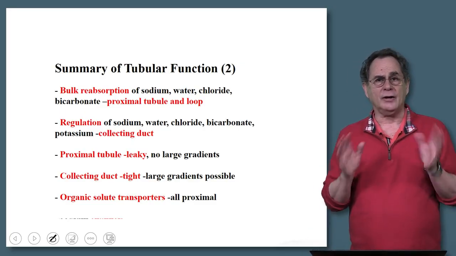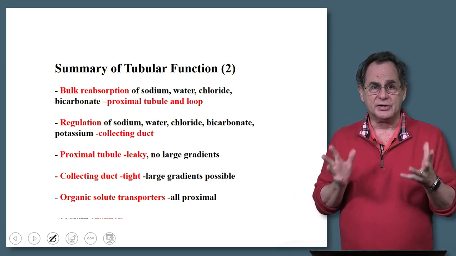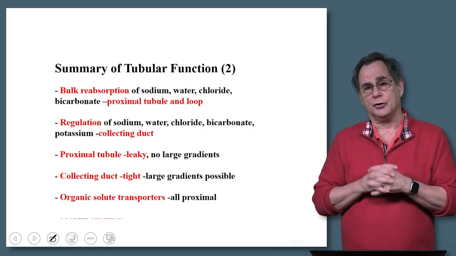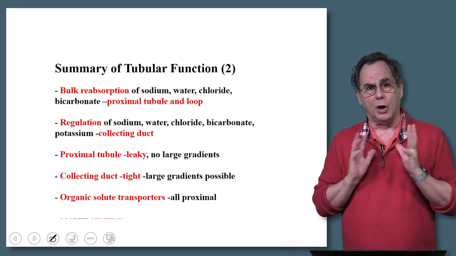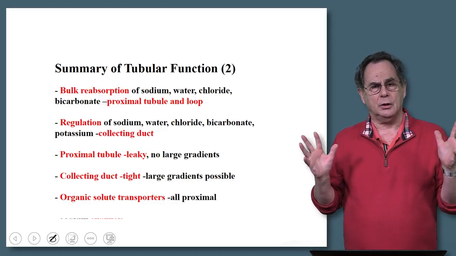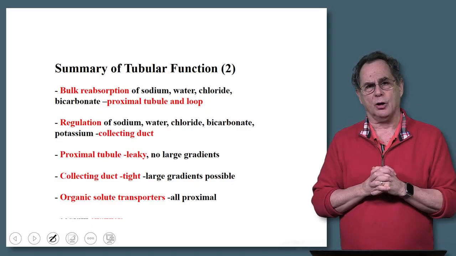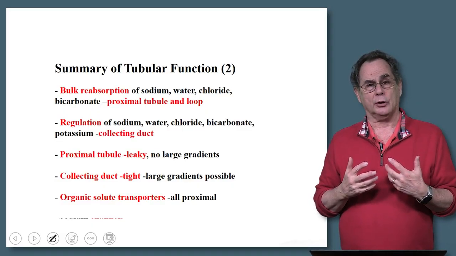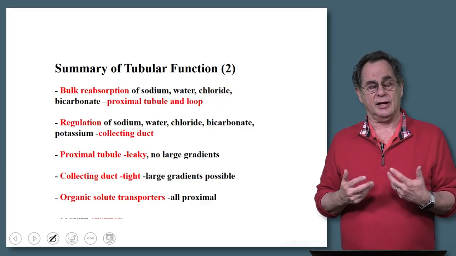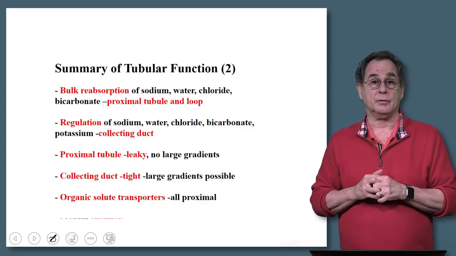Regulation of the final concentrations of sodium, water, and potassium is a function of the collecting duct, and we'll learn a lot more about that. The proximal tubule is leaky, allowing lots of water reabsorption to occur as sodium is reabsorbed. The collecting duct is impermeant to water unless in the presence of vasopressin.